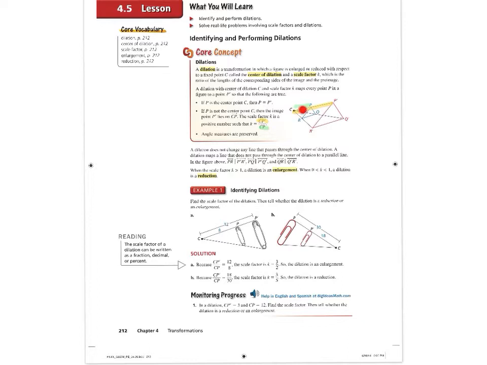So I could go from CQ prime divided by CQ, and that ratio will equal the same as this ratio. And CR prime divided by CR is also equal to this ratio. And then our third property is angle measures are preserved. Angle measures do not change when I dilate, only side lengths.